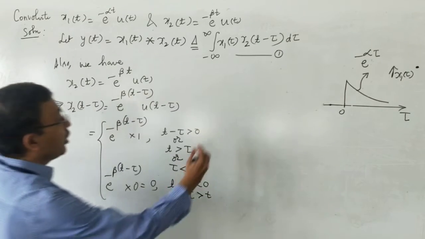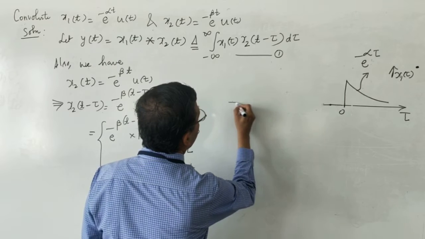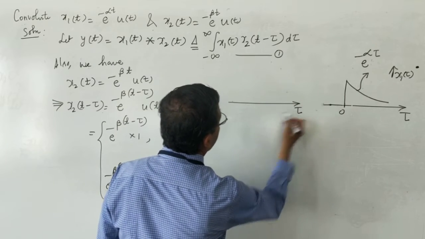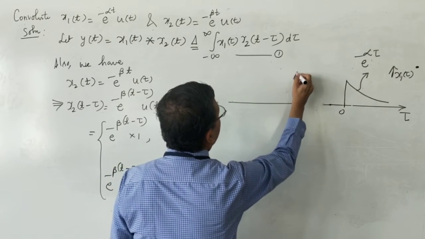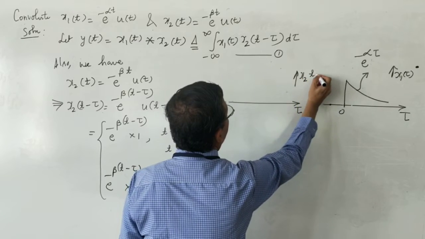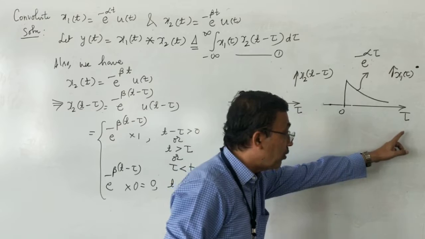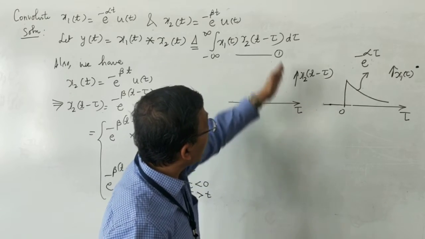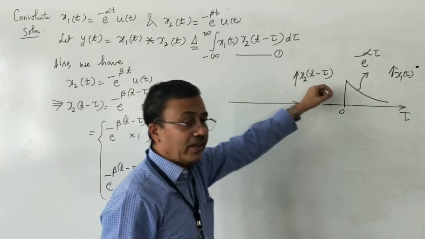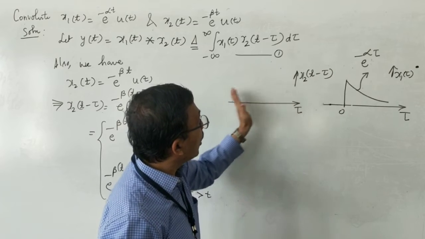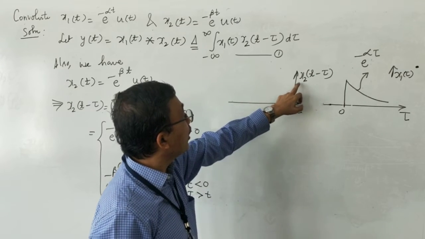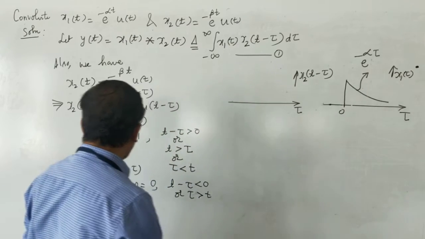Using this, I am going to sketch now x2 of t minus tau. X-axis is tau, y-axis is x2 of t minus tau. Please note that x-axis is always tau. The arrow here, the y-axis is represented implicitly. Therefore, I have put an arrow on the right side and I have written x2 of t minus tau.